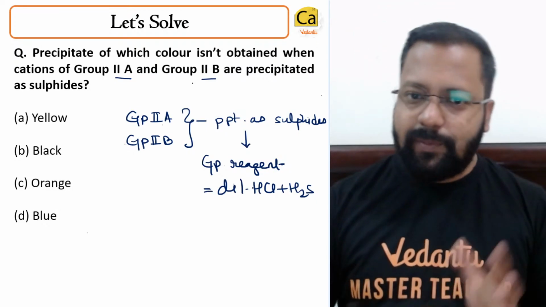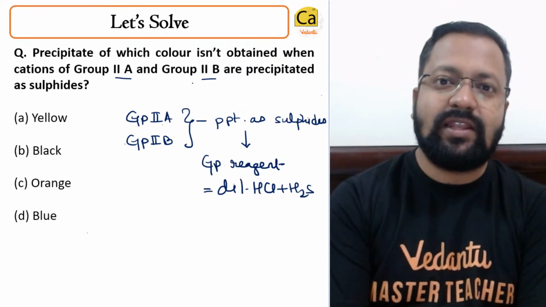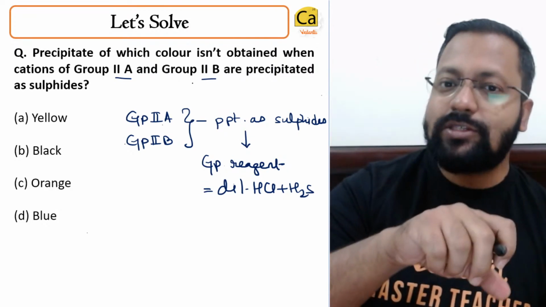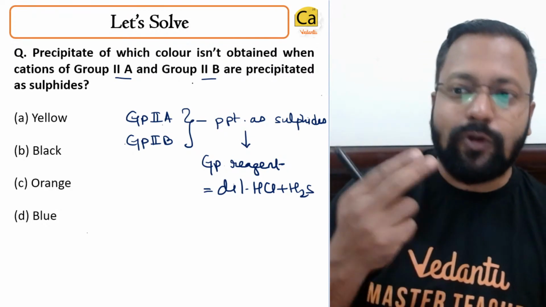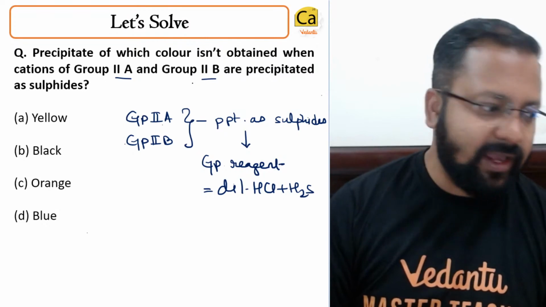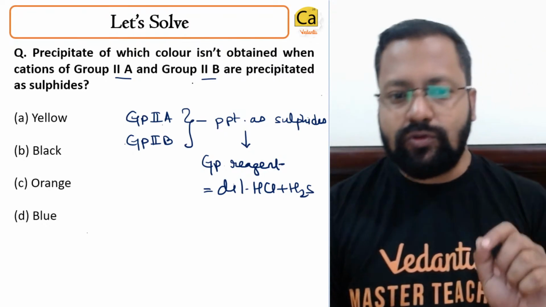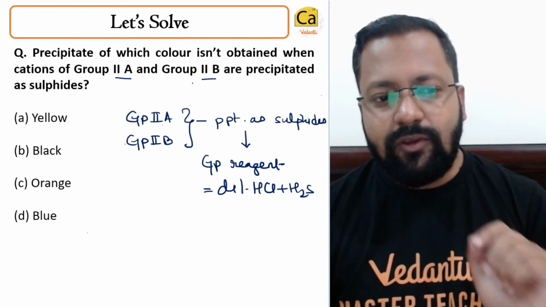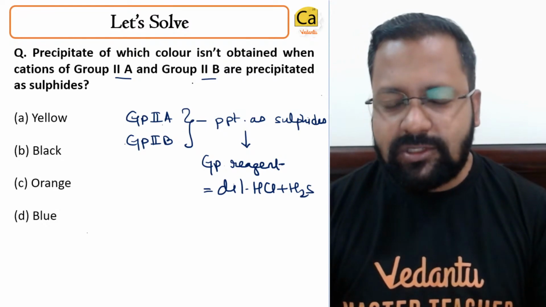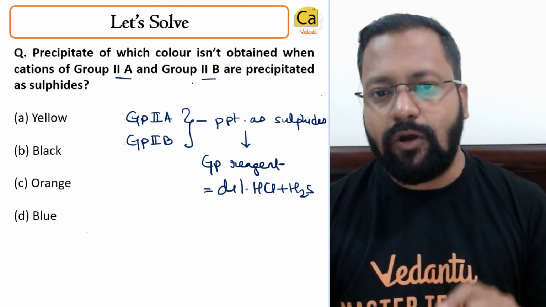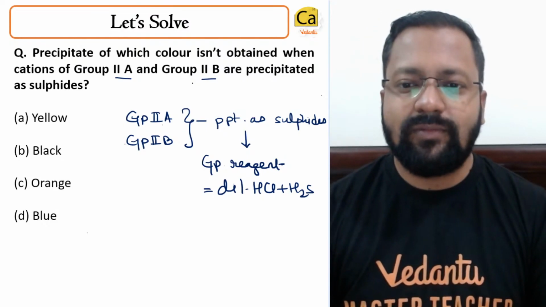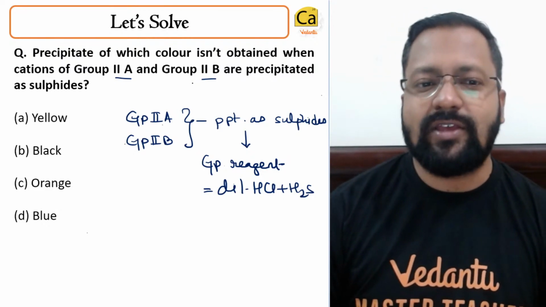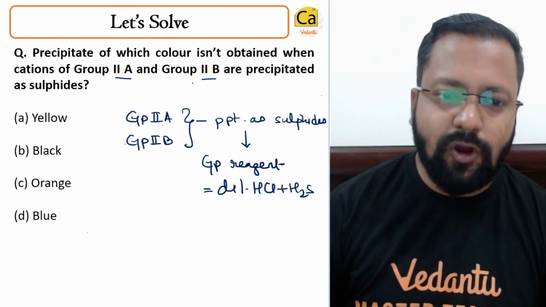So to precipitate these, we need dilute HCl and H2S. Dilute HCl is utilized to reduce the concentration of sulfide ions, and using that idea you need to answer which color sulfides are not obtained.